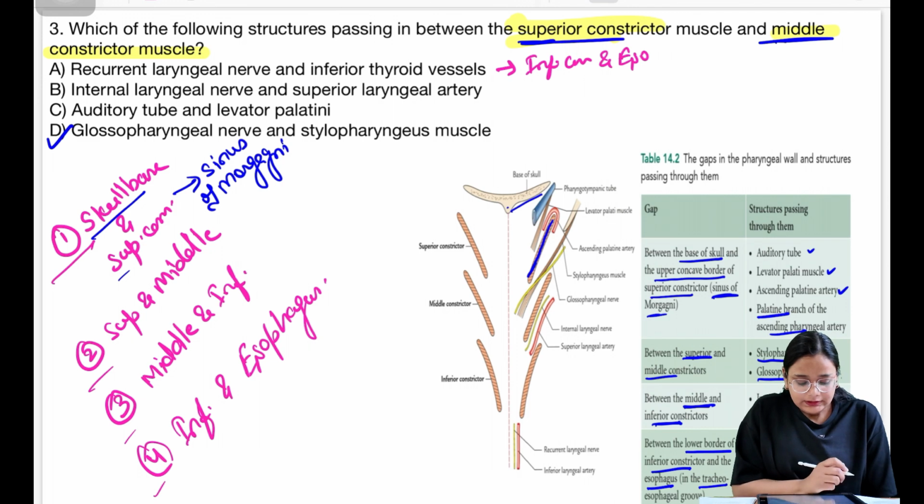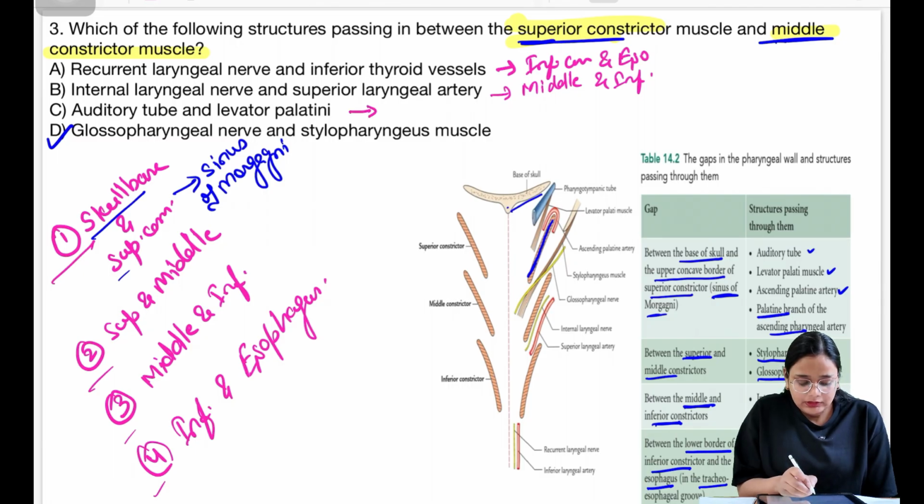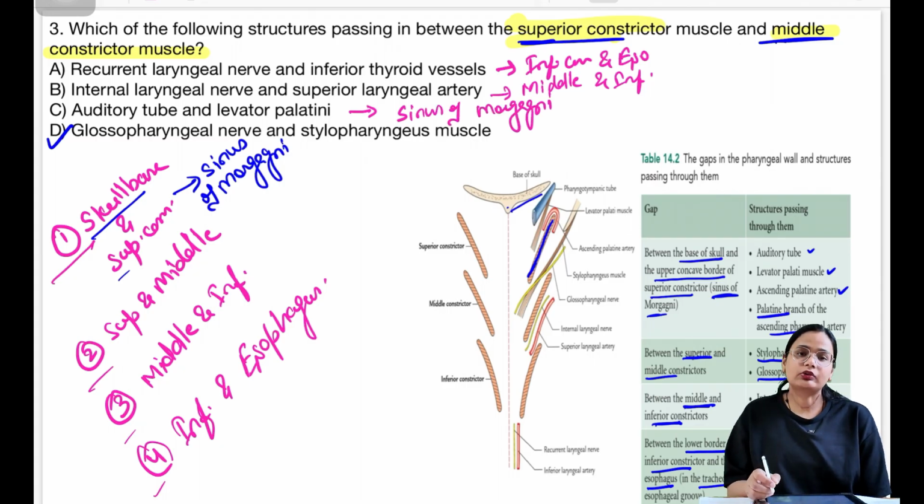The internal laryngeal nerve and superior laryngeal vessels are between the middle and inferior constrictor. The auditory tube and levator palatini are in the sinus of Morgagni. So that's why the correct answer is the fourth one, the glossopharyngeal nerve and stylopharyngeus muscle.